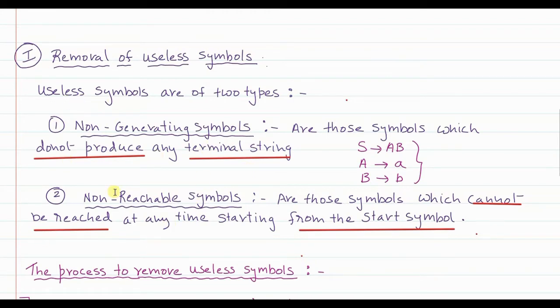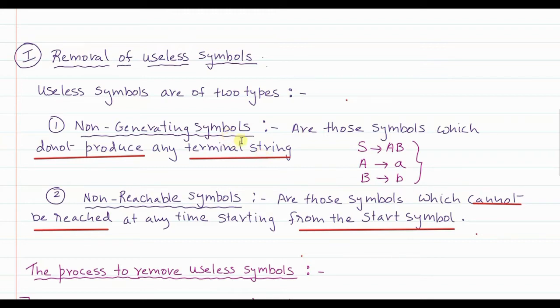Non-generating means what? A non-terminal should be able to produce a terminal by replacing itself, then it is called generating. If there is a non-terminal or a variable that can replace itself with a terminal string, such a non-terminal is said to be a generating symbol.